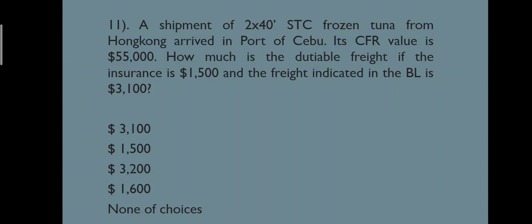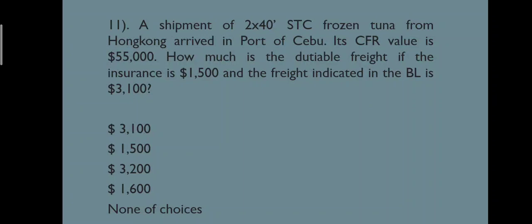The given cargo is frozen tuna, so it is refrigerated cargo. According to the Customs Valuation System book, the reefer rates list ports of origin. Since Hong Kong is our port of origin, for Hong Kong the 1x40 reefer van is $1,600, and the 1x20 reefer van is only $800. Since the given is 2x40, it falls under the 1x40 reefer van rate for the port of origin Hong Kong, so $1,600.